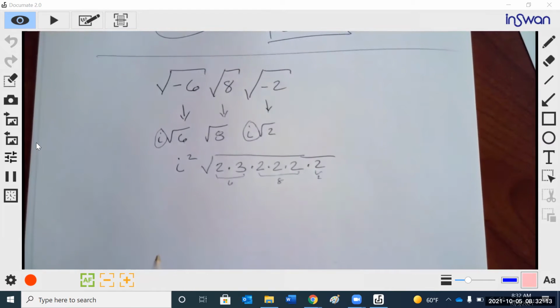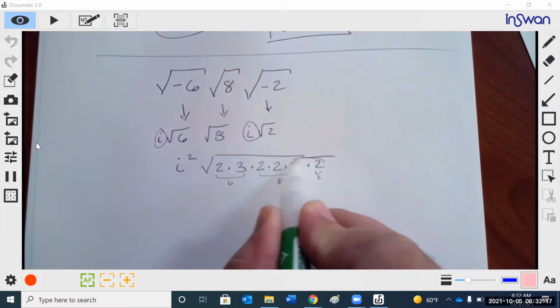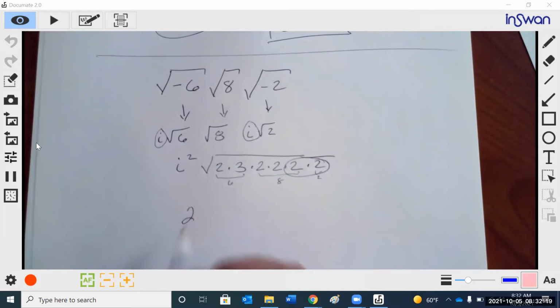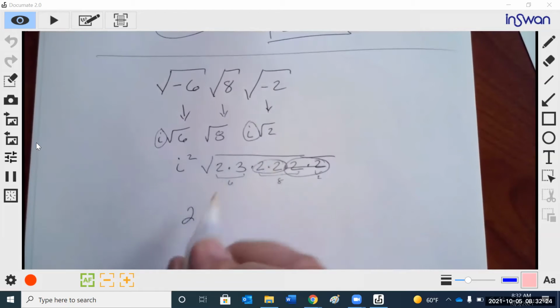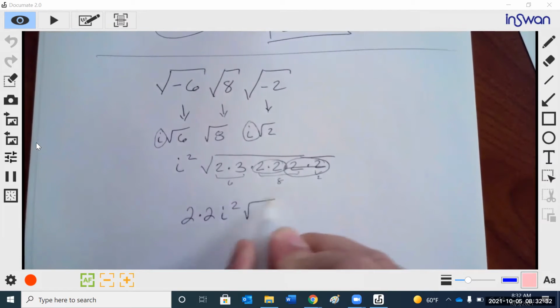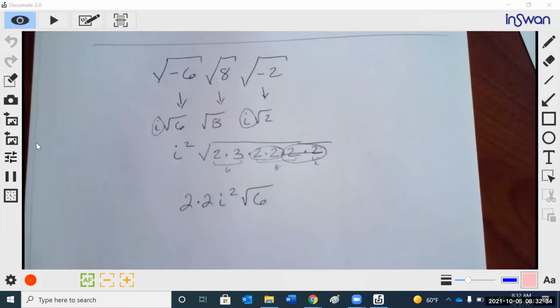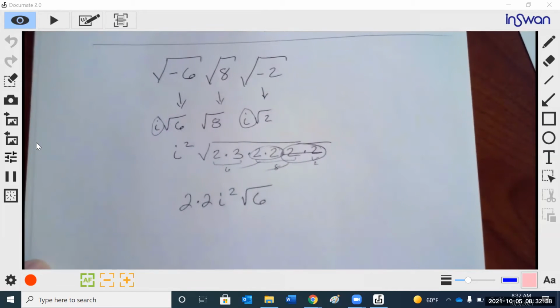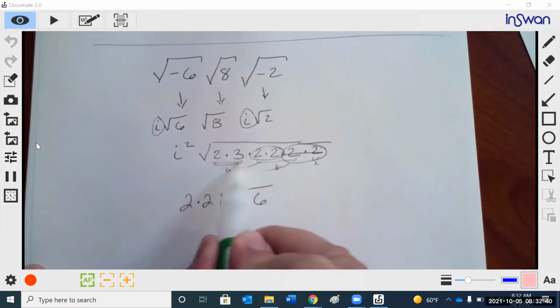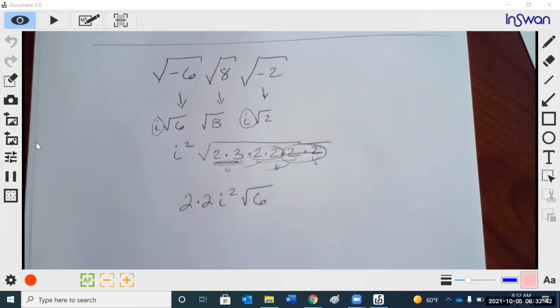So what can come out? Here's a pair of 2s. Here's a pair of 2s. And that's it from inside. I took these 2 out. What I'm left with is 2 times 3 is 6.